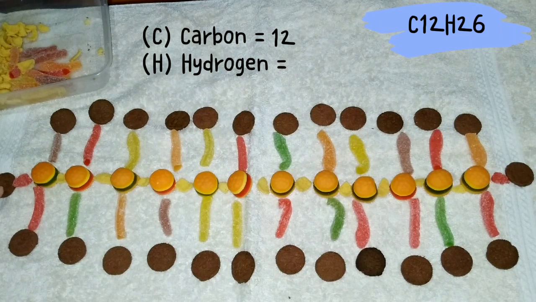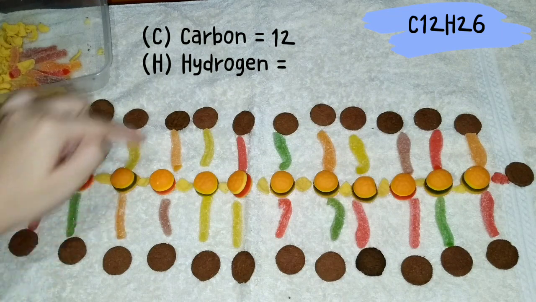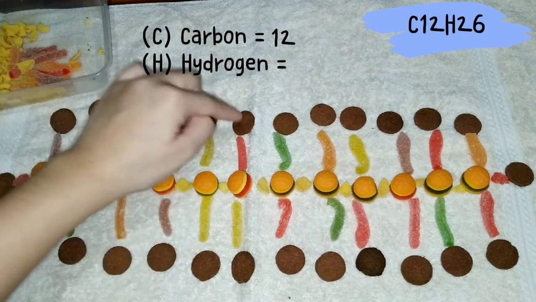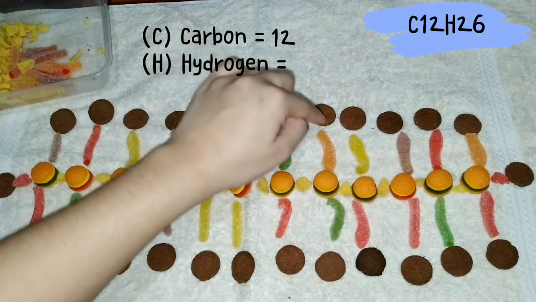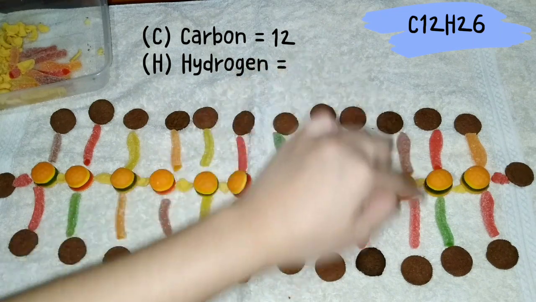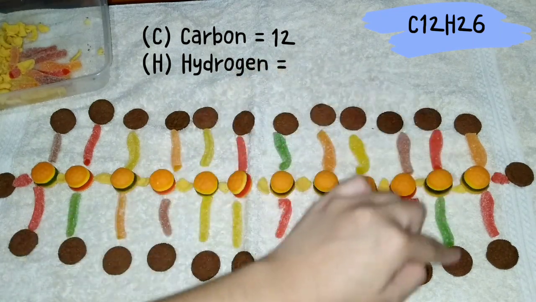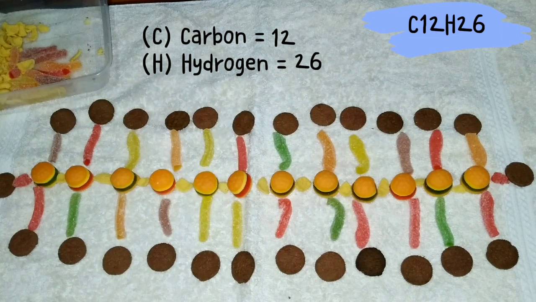Now next is the hydrogen. 1, 2, 3, 4, 5, 6, 7, 8, 9, 10, 11, 12, 13, 14, 15, 16, 17, 18, 19, 20, 21, 22, 23, 24, 25, and of course the 26. So we got a total of 26 hydrogens. So we come up with the answer of C12H26, which is the molecular formula of dodecane. So we got it right.